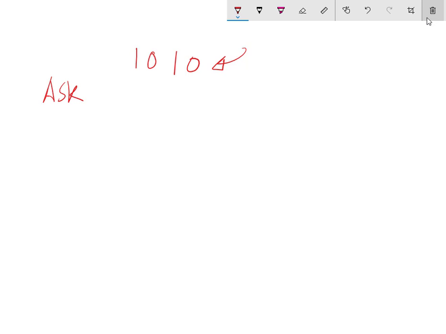Let's say we have some more, let's say it is 1 1 1 0 0 1 0 1. So you have 8 bits, and you are doing amplitude shifting.